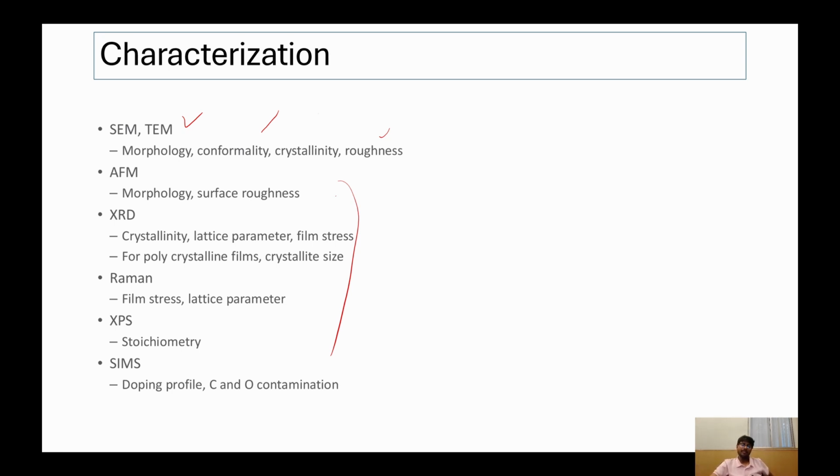If you would like to deposit zinc oxide, you need diethyl zinc and H2O as precursors, because only at a certain temperature it reacts. That temperature window you need to find, and that temperature window will define how you will get the film.